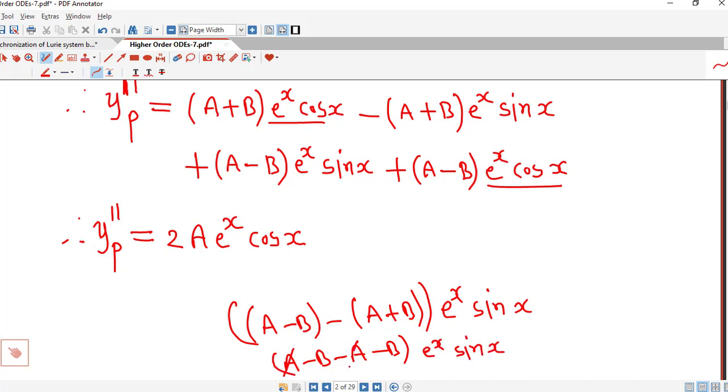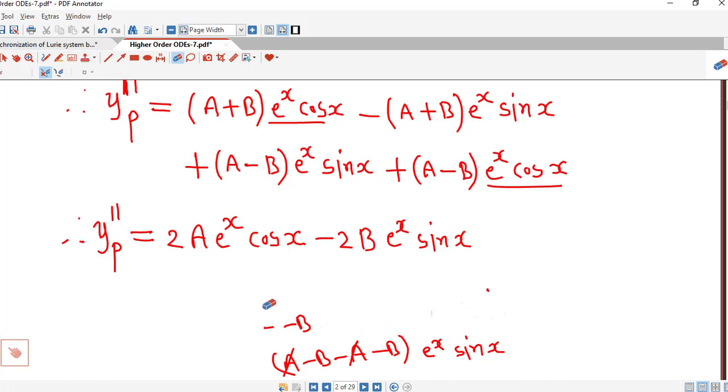So here a will cancel out, and we have minus 2 times b e raised to x into sin x. Okay, fine. So this is the second order derivative of the particular choice.